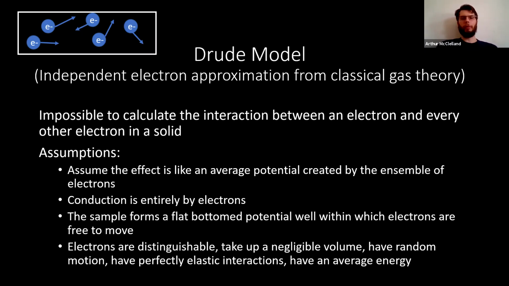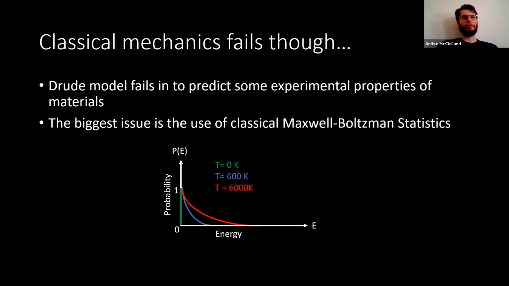So it's a great starting point, but it fails, which was one of the motivations for formulating quantum mechanics. So the Drude model fails to predict some of the experimental properties of materials. It does a reasonable job on some, it fails on others. And the biggest issue with the model was it uses classical Maxwell-Boltzmann statistics.